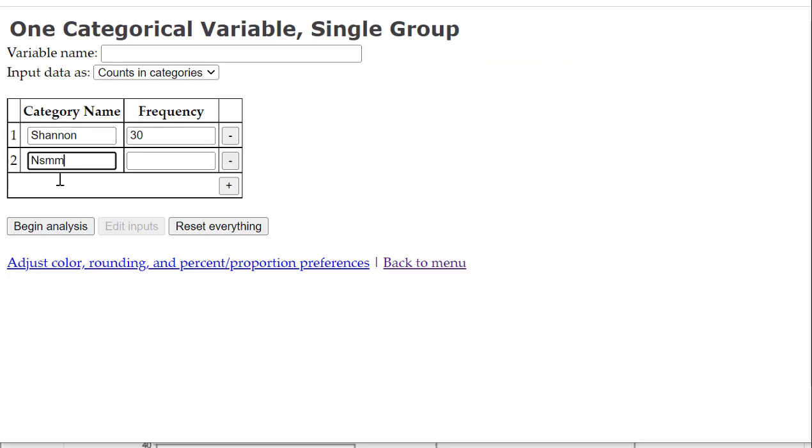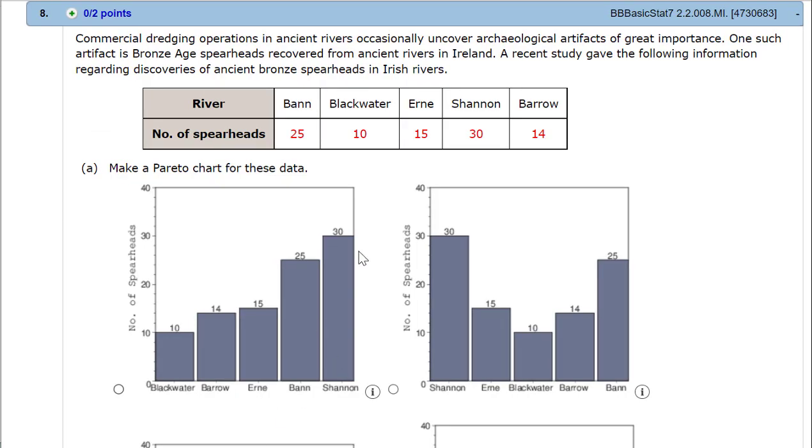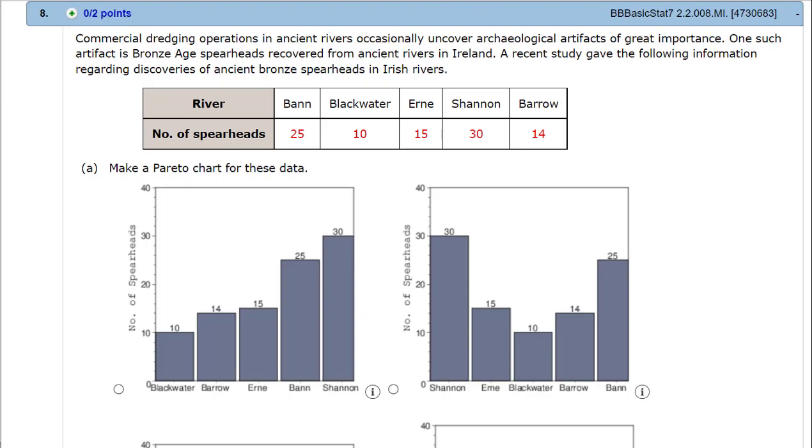Oh, pretend I can write. There were 25 there. We had a couple more. Let's see, the next highest one was 50. Ernie, it looks like. But it's not quite Ernie, it's something else. And then we had a 14 on Barrow.